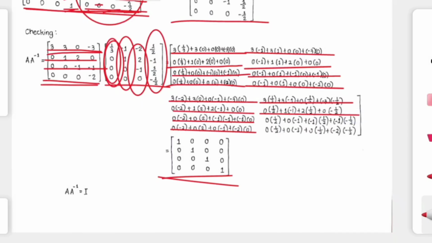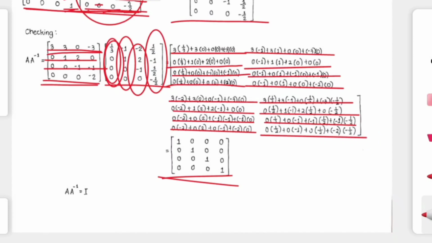And for the row 3, we have 0 times 1 half plus 0 times negative 1 plus negative 1 times 1 half plus negative 1 times negative 1 half. As for the row 4, we have 0 times 1 half plus 0 times negative 1 plus 0 times 1 half plus negative 2 times negative 1 half.